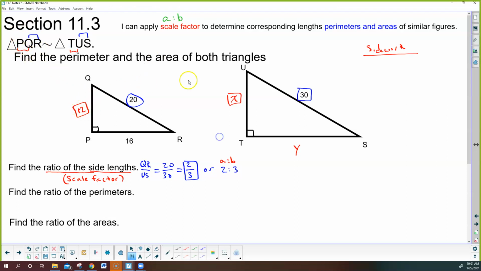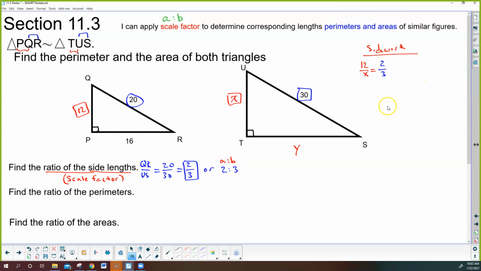So I'm matching 12 to X. So 12 over X has to equal 20 over 30. But instead of writing 20 over 30, don't we know that that's the scale factor, 2/3? So every ratio that I set up from the small triangle to the big triangle has to equal 2/3. So there's the first one.